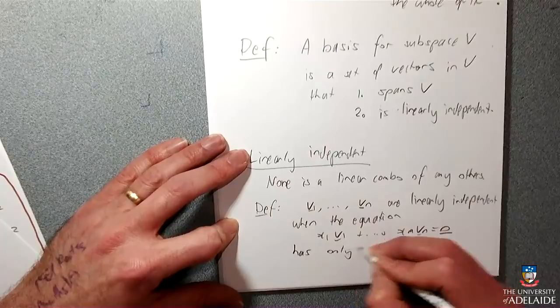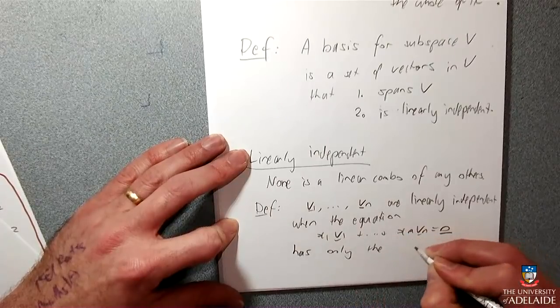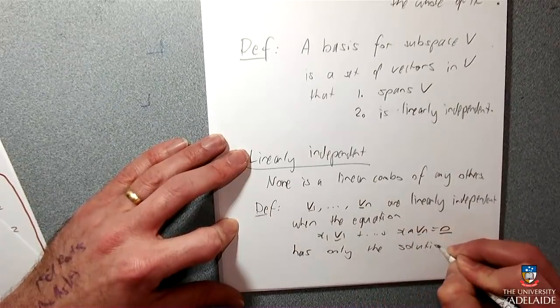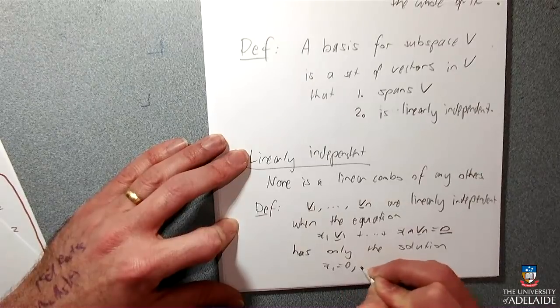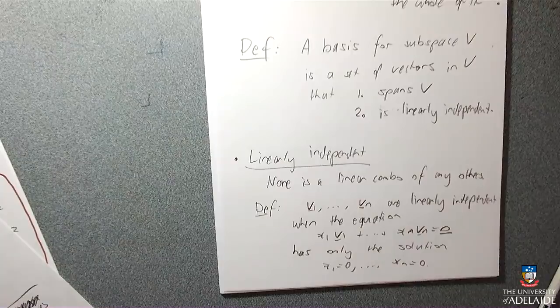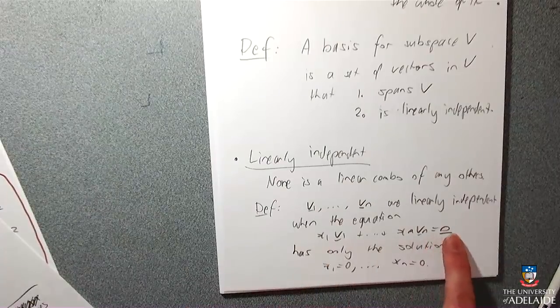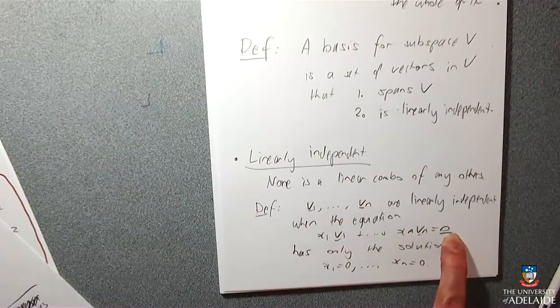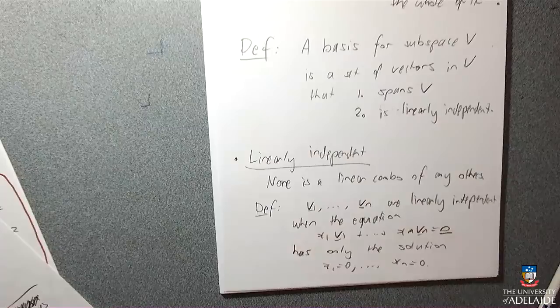That's the definition of linearly independent. So if I have a linear combination of these and it comes out to be 0, the only possible way to do that is to have 0 of all of my vectors.